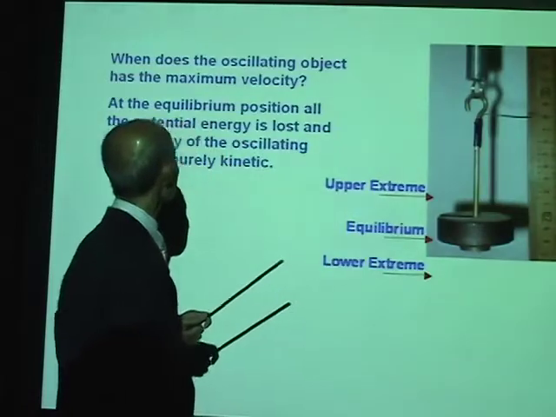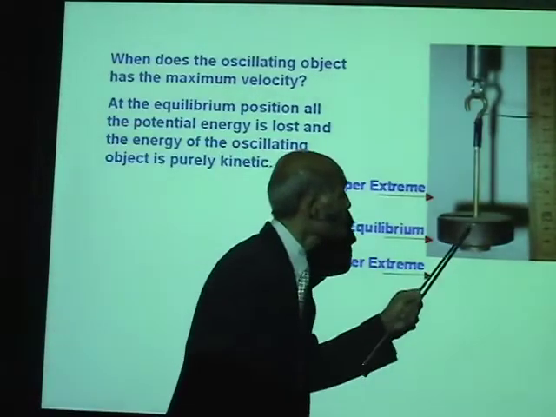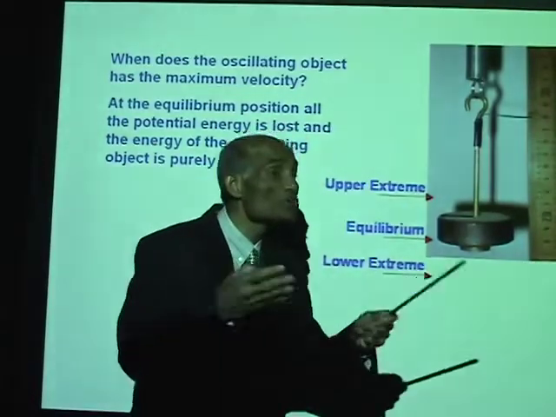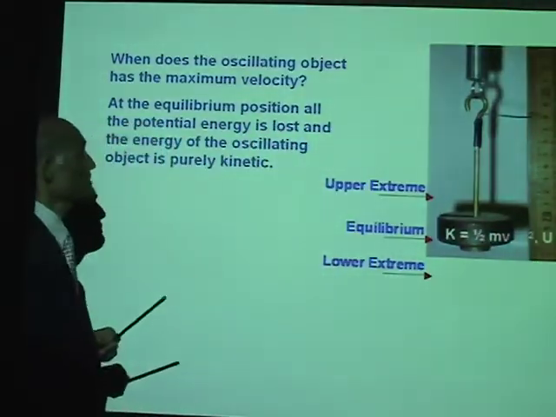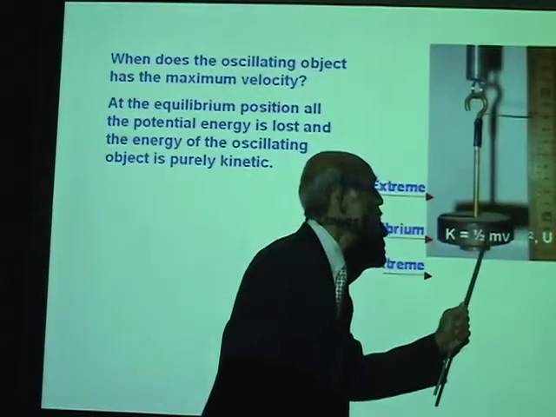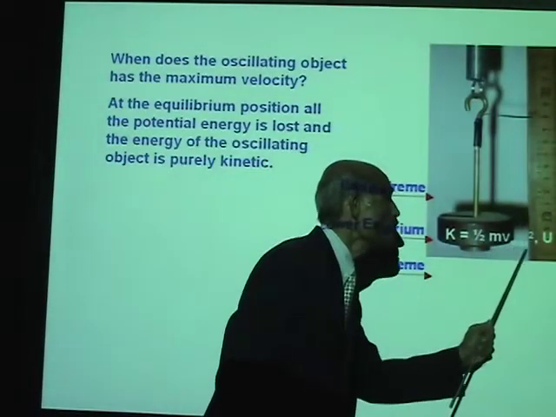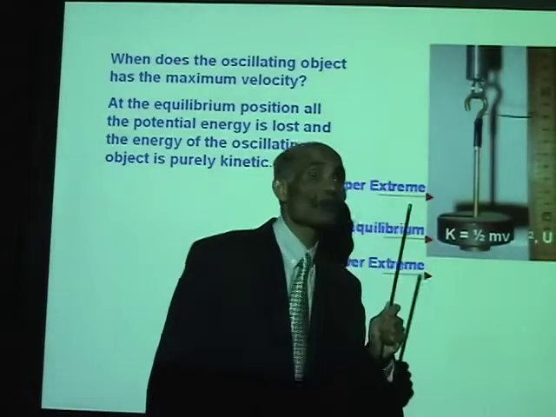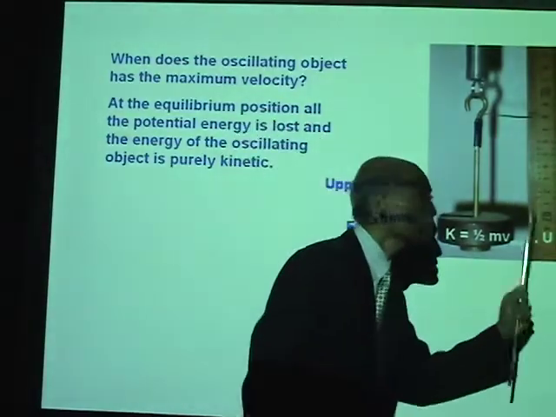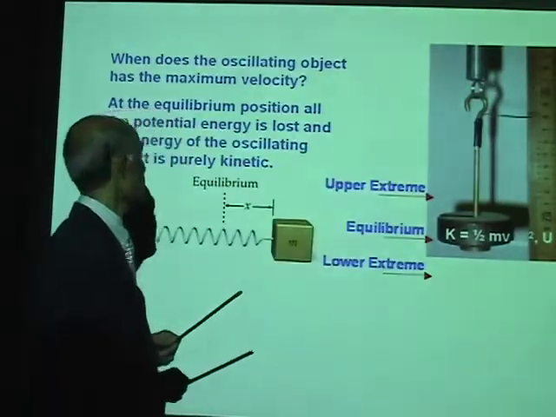Is that right? Yes. That means at the equilibrium position, the energy is purely kinetic. There is no potential energy at the equilibrium position. At the equilibrium position, K equals 1/2 m v max squared. Velocity will be a maximum at that position, and the potential energy will be 0.